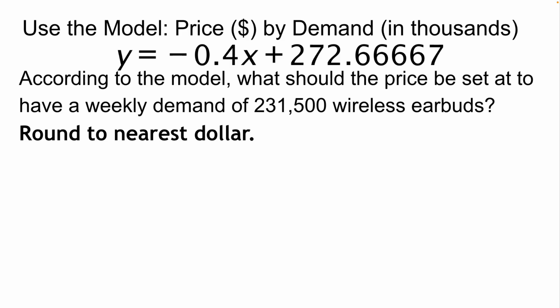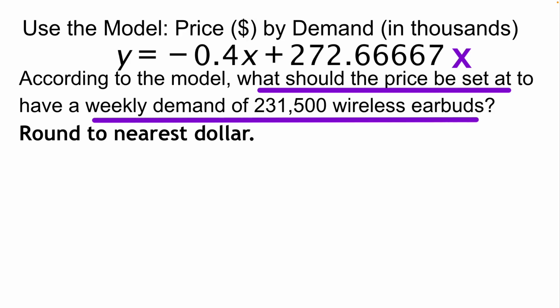Let's go back through the question again. We're asked, what should the price be set at? So in this case, we're asked to find the price, that's an X value, to have a weekly demand of 231,500 wireless earbuds. That's our Y value. But remember, Y, or the demand, is measured in thousands.